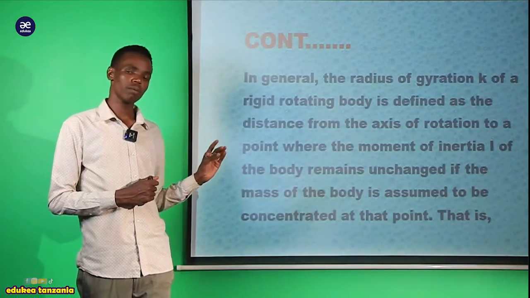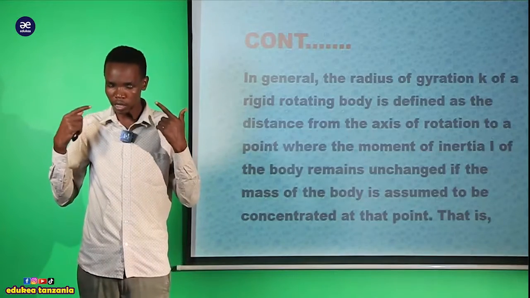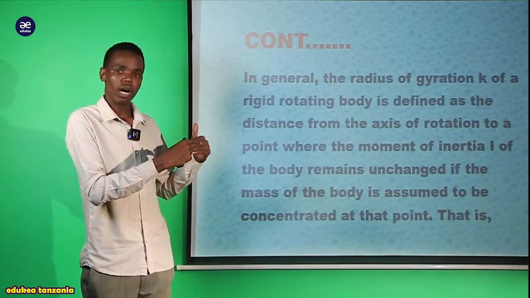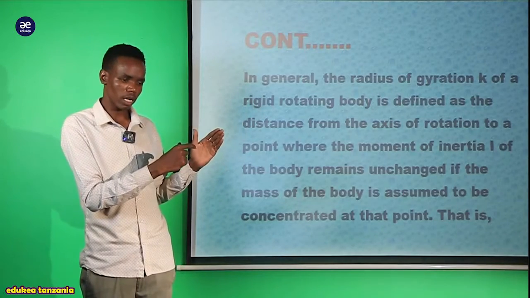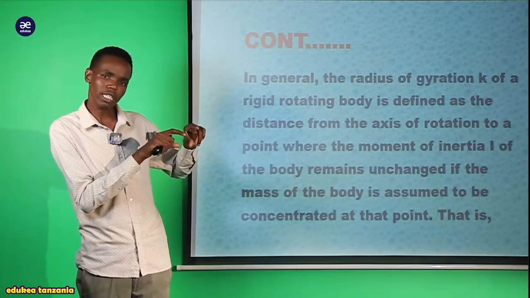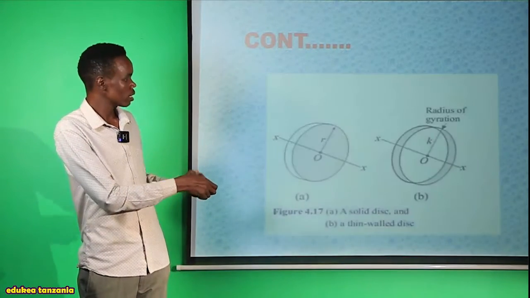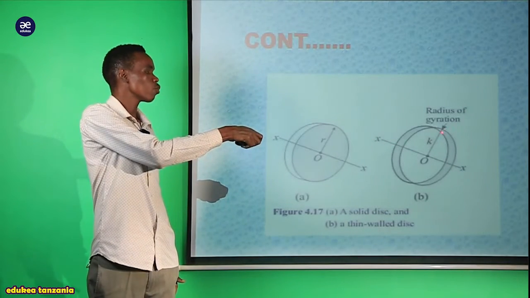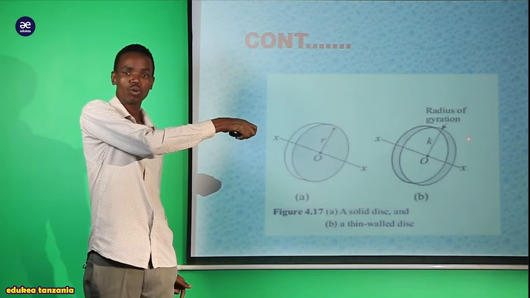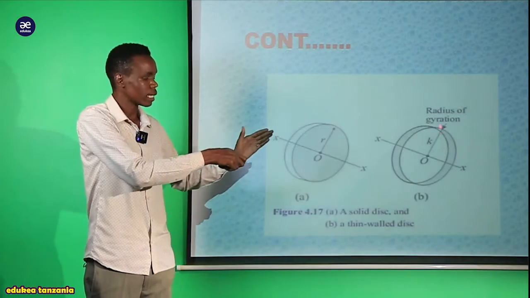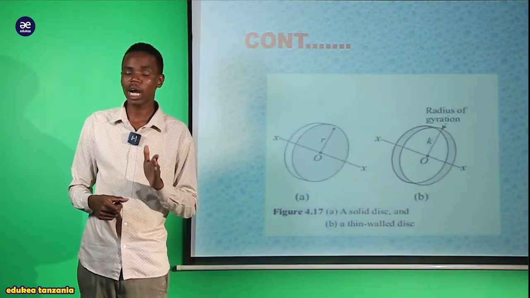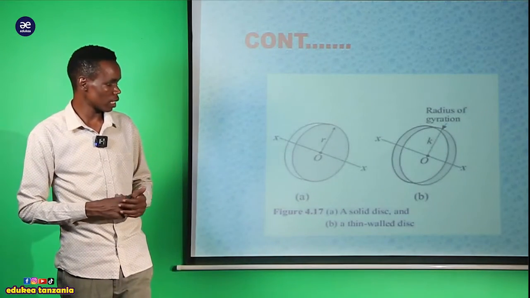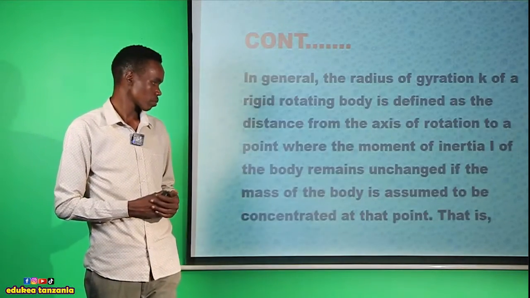But my dear students, you have to understand that when we talk about the radius of gyration, this is the distance from the axis of rotation to the point where the mass is assumed to be concentrated and the moment of inertia remains unchanged. That is the definition of the radius of gyration.